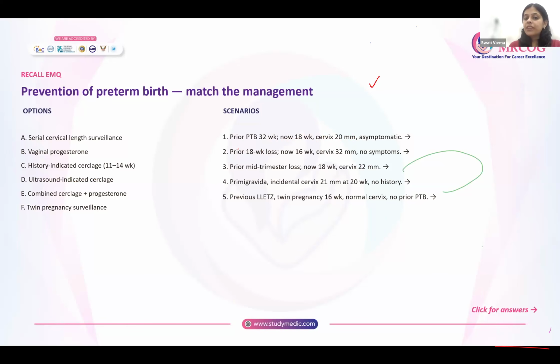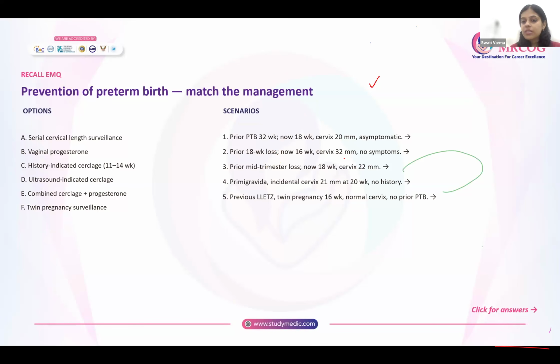Next, prior 18 weeks loss, again now 16 weeks, cervix 32 mm, and there are no symptoms. Since she is high risk, she has had mid-trimester loss, so now we should continue cervical length surveillance.